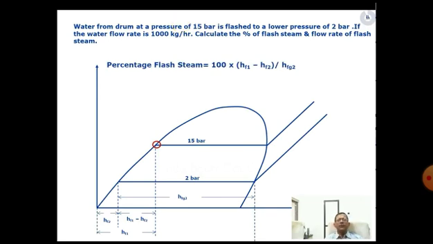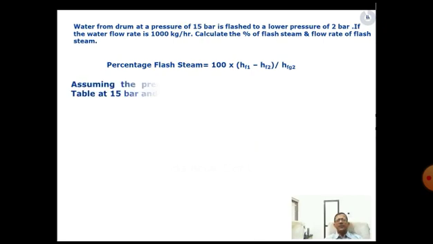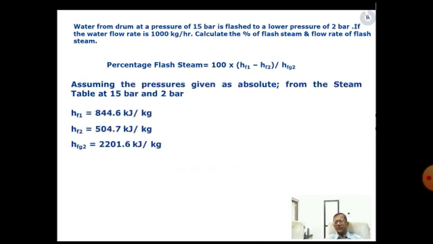In this problem, assuming the pressures are given in absolute, we take HF1 from the steam table at 15 bar, and HF2 and HFG2 at 2 bar, the lower pressure.